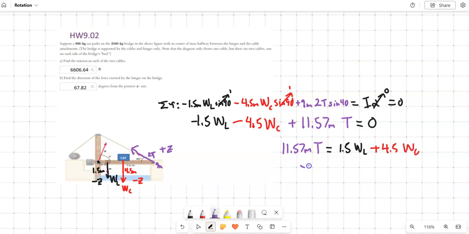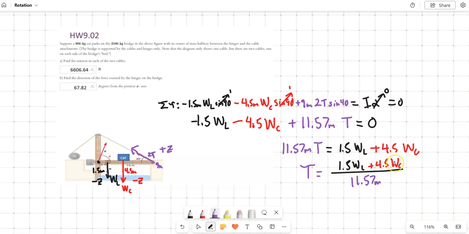So dividing this 11.57 from both sides, you get 1.5 times the weight of the bridge plus 4.5 times the weight of the car divided by 11.57 meters.